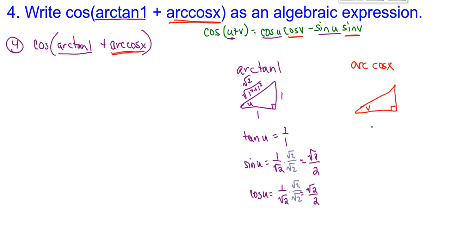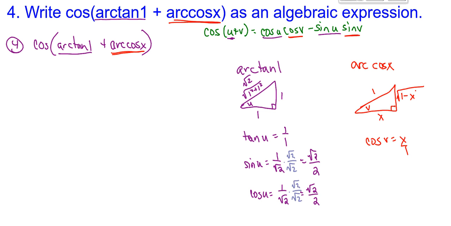this means that the cosine of v is equal to x over 1. Cosine is adjacent over hypotenuse, so this is x here and 1 there. The other side is the square root of 1 minus x squared.